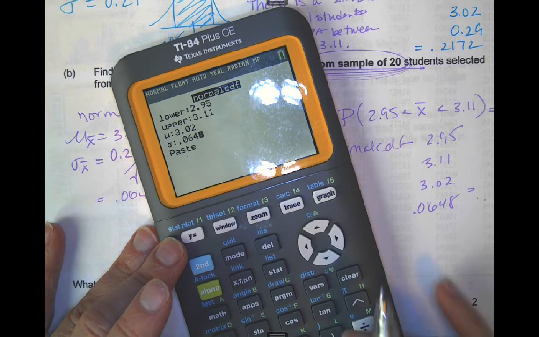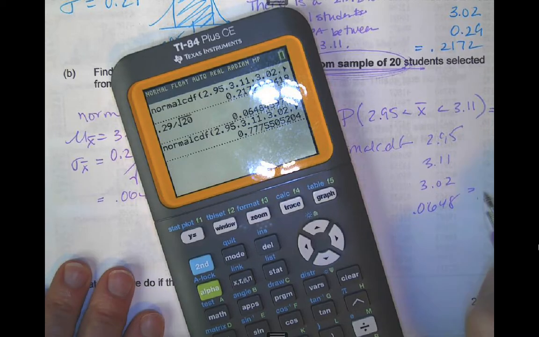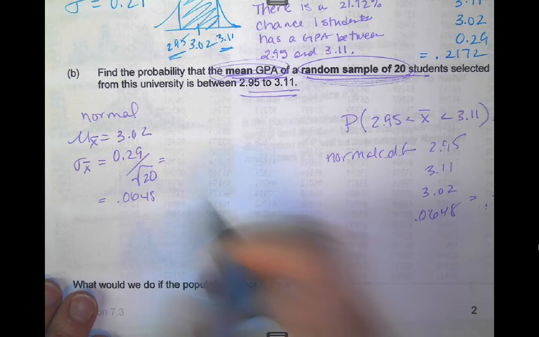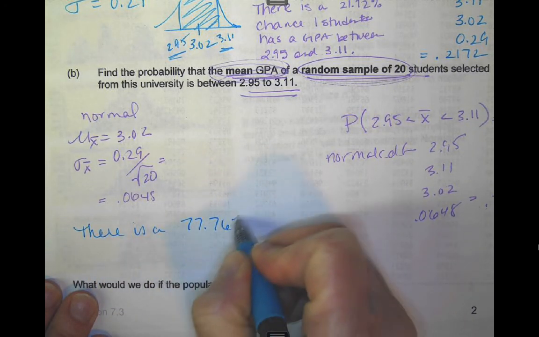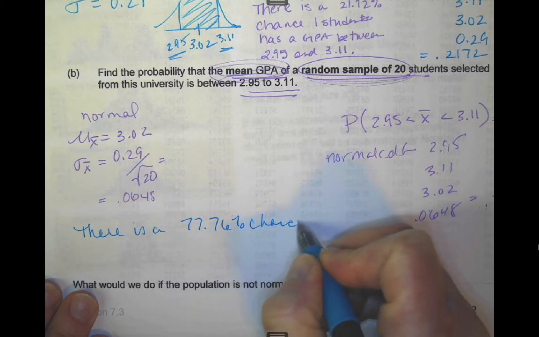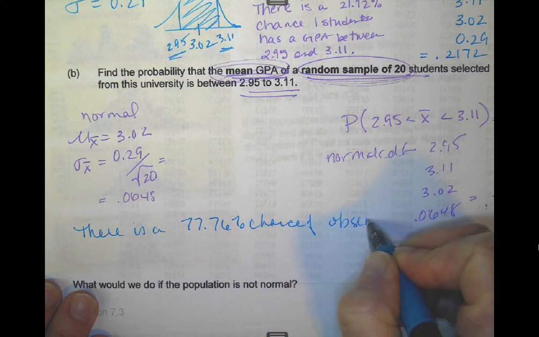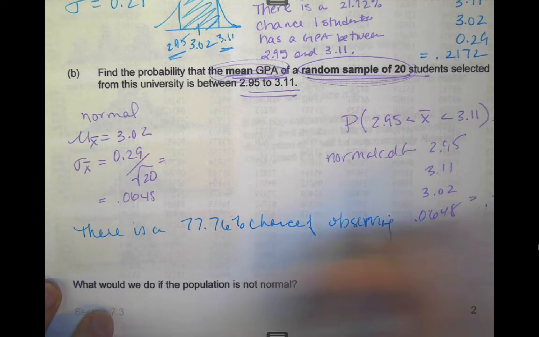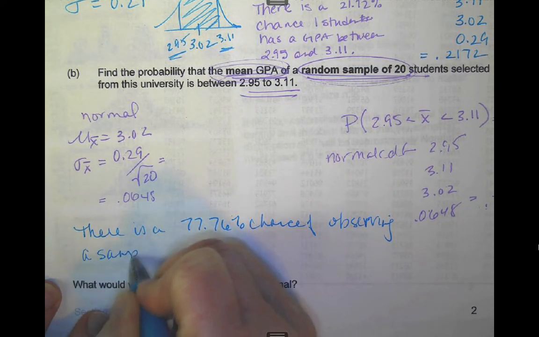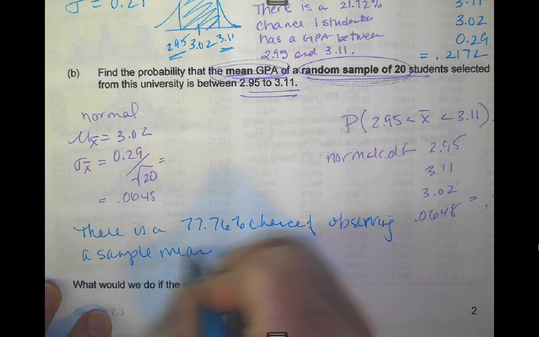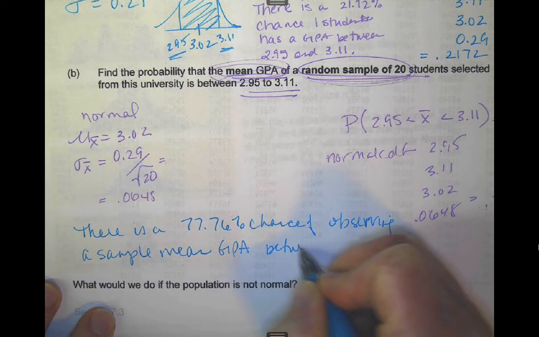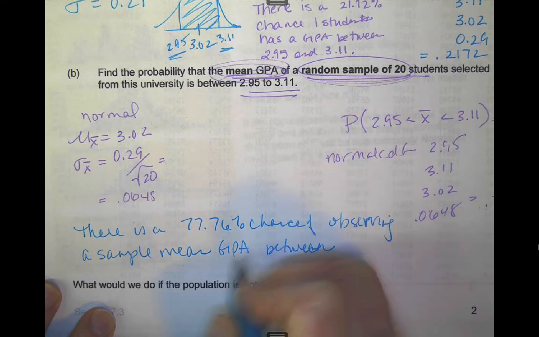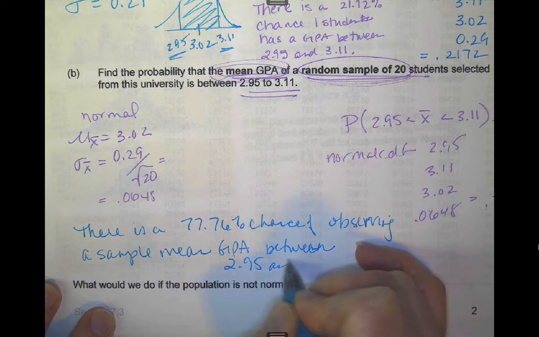That's all the same. Alright, so when I get this, it is much more likely. So there is a 77.76% chance of observing a sample mean GPA between 2.95 and 3.11.